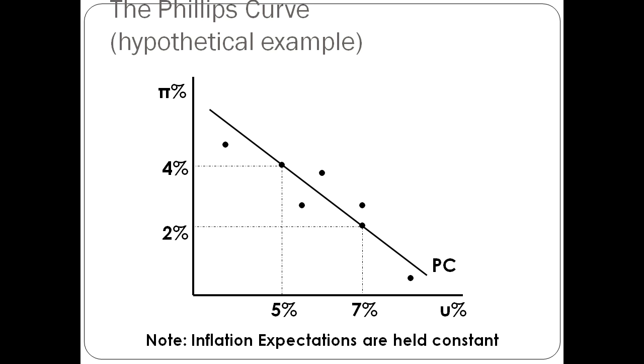We're going to note here that inflation expectations are being held constant. I would also like to note that this Phillips curve is basically a line of best fit. We had various combinations of inflation and unemployment, and those are the dots. This Phillips curve is the line that best fits the points that have been plotted.